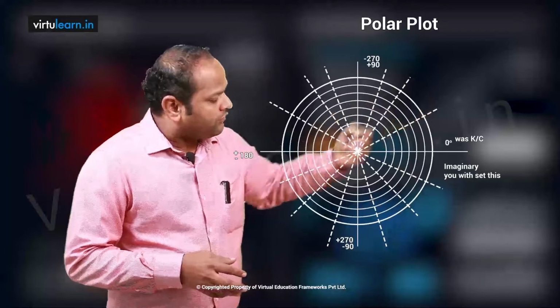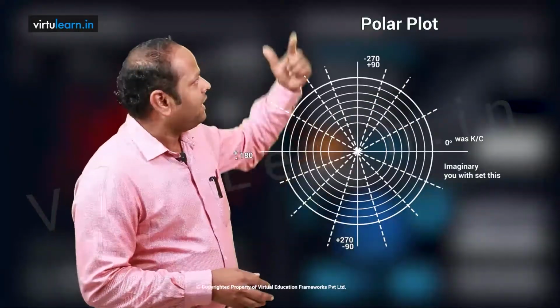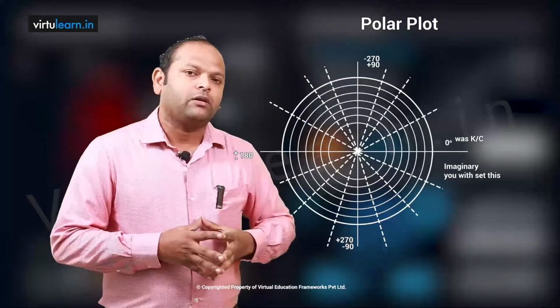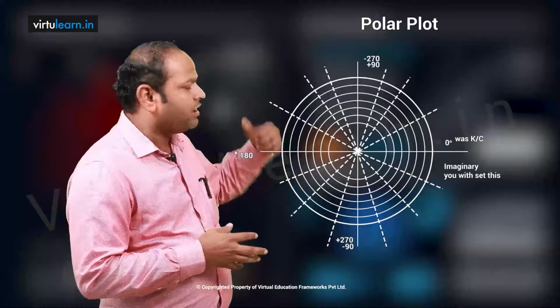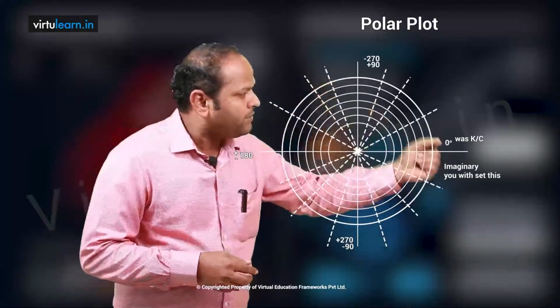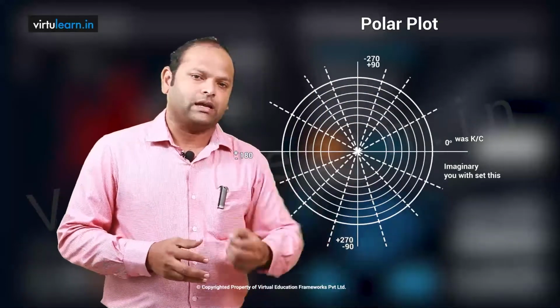Now, minus 90 is equivalent to plus 270, and minus 270 is similar to plus 90, and at this end we have plus 180 and minus 180, both are the same. So, the lines in between indicate the phase angles.